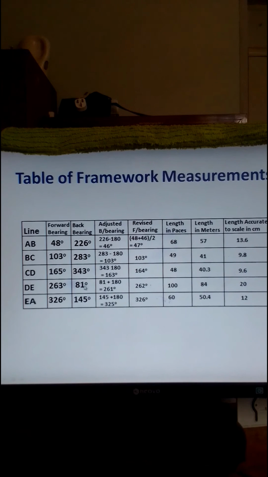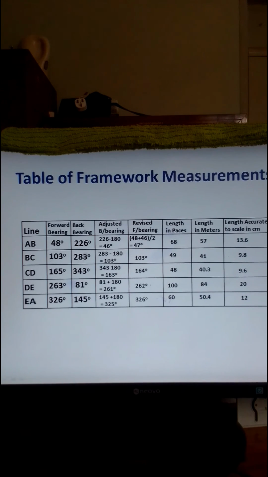The back bearing here is 81 degrees, so you don't subtract 180, but we add 180. So we get 261 degrees. So in this column, we adjust the back bearing by adding 180 degrees if the back bearing is less than 180 degrees, and we subtract 180 degrees if the back bearing is more than 180 degrees.